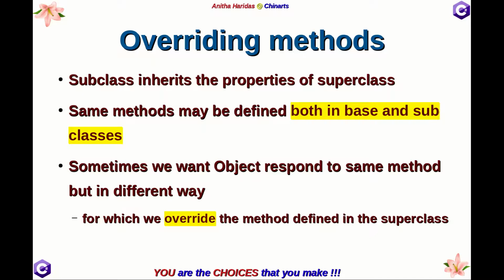That means when I invoke the same methods defined in base class as well as in subclass, if the method is invoked by the subclass object, the behavior must be different. And if it is invoked by the base class object, the behavior must be different.